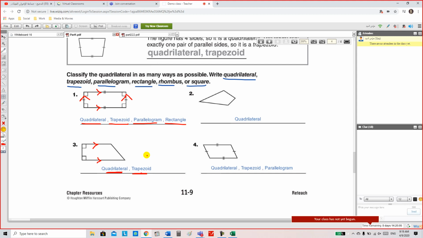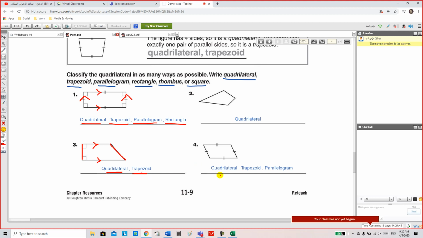Parallelogram has to have each two opposite sides parallel, but these two opposite sides are not parallel, so we can't say this is parallelogram. So we stop like this, so it will be quadrilateral and trapezoid only.